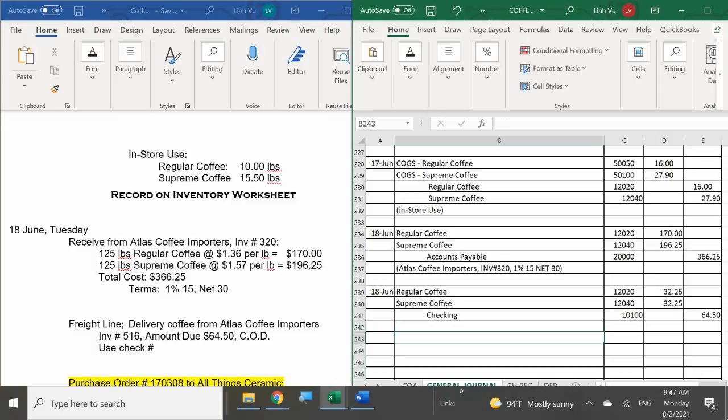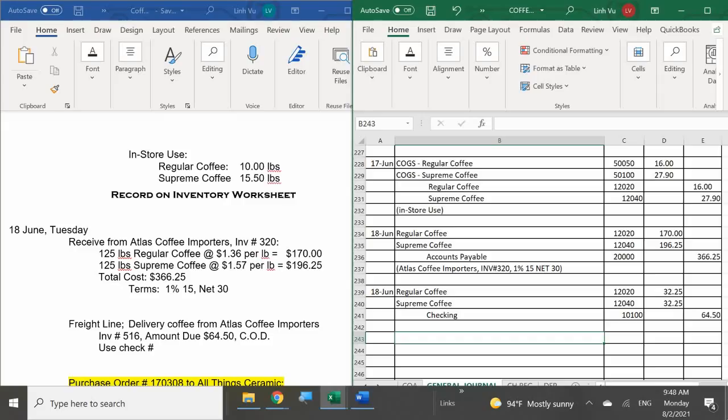Okay, so now that I wrote a check, it says I use a check to pay for this. So you just make your note that you paid for shipping on COD, $64.50.